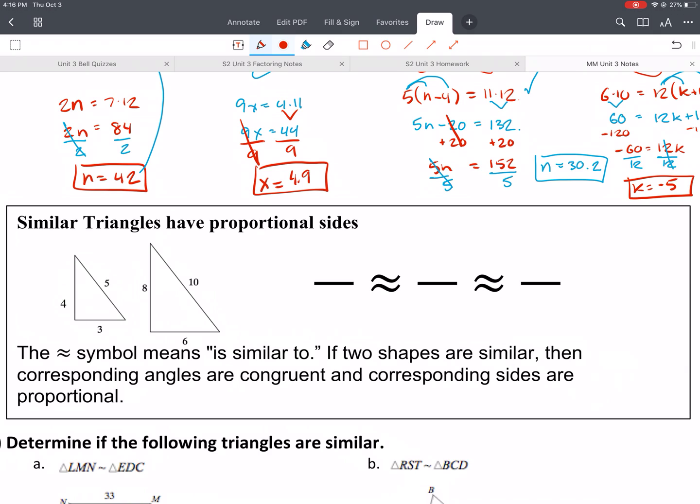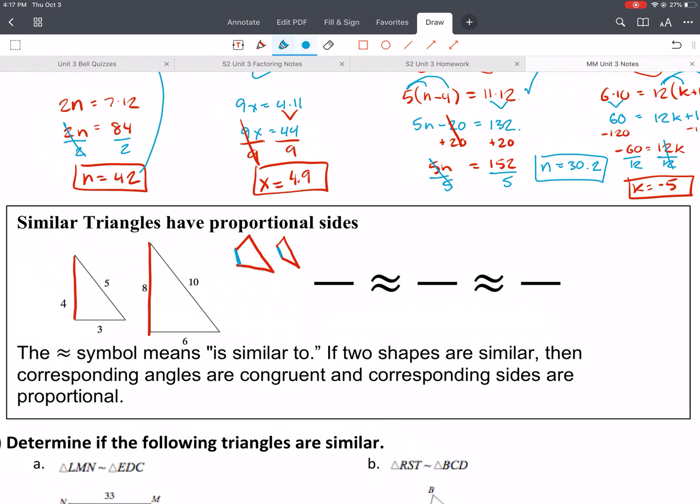When we're talking about proportional sides, proportion means that we can come up with those fractions. So if we have corresponding sides, like if we had some sort of shape like this, and then we had another shape that was a little smaller, but had the same proportions, corresponding sides means they're the same side, just smaller or bigger.